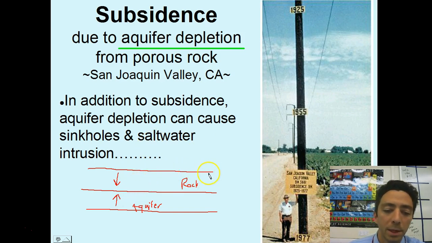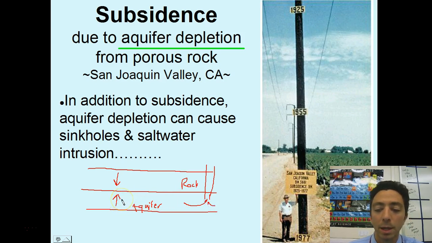The real problem comes if we build a lot of wells and we start extensively drawing water out of that aquifer. As the water leaves, the hydrostatic pressure is going to decrease because now you've got rocks with open pores, just air pockets in them. And so that downward force is going to lower the surface of the land.